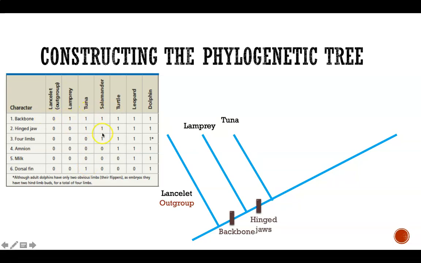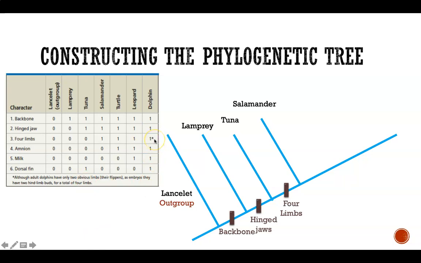So we're going to just continue on using our chart to add our individuals. So the next is going to be the salamander, with the forelimbs. Now remember, everybody after this is also going to have forelimbs. Now, if we look at the dolphin, we have this little star here.